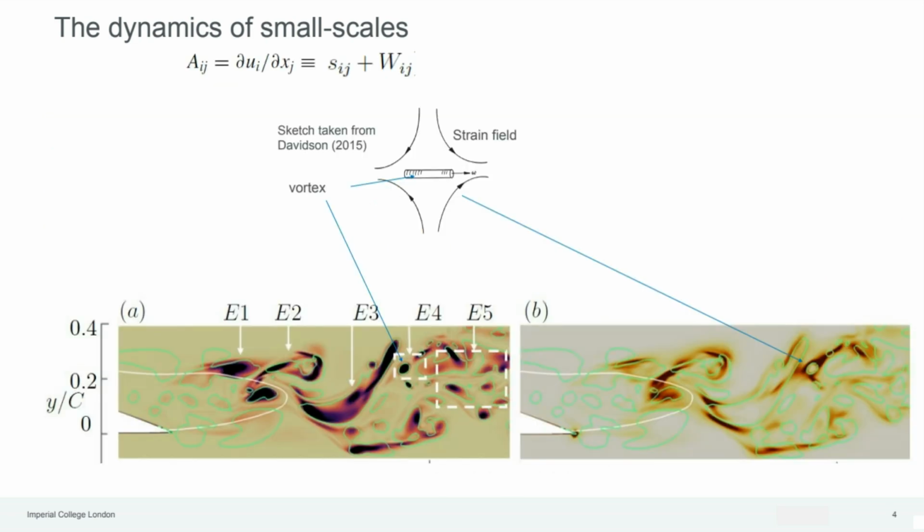Just to explain very basically the sketch. We have our velocity gradient tensor, which follows dynamics. We can split this into strain and vorticity. We have a vortex and we have a strain field, and this strain field acts on the vortex filament. As you can see here in the picture, we have a concentration of vorticity and the strains around it.